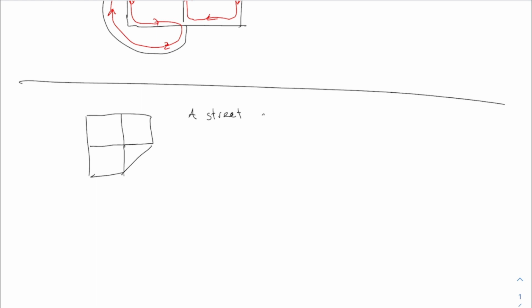A street grid, and let's say we have the snowplow guy, Mr. Plow. Mr. Plow wants to plow all of the streets in the best way possible, and let's imagine that he can just go down a street once and it'll be plowed. So my question is, can Mr. Plow drive down each street one time without repeating any streets?